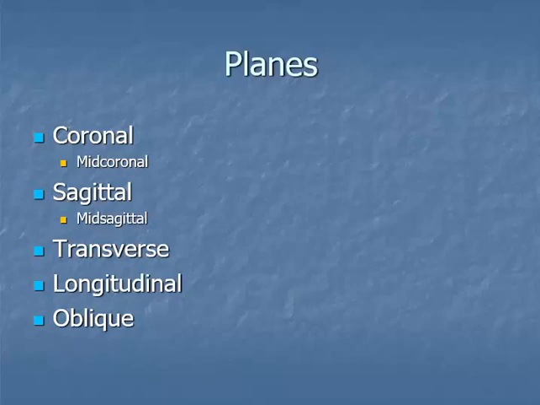If a test question is asking you about a plane that divides you into equal left and right halves, that would be a mid-sagittal plane. Same thing with coronal. If it divides your front and back sections, that would be a coronal plane, as opposed to a mid-coronal would divide you into even front and back portions.